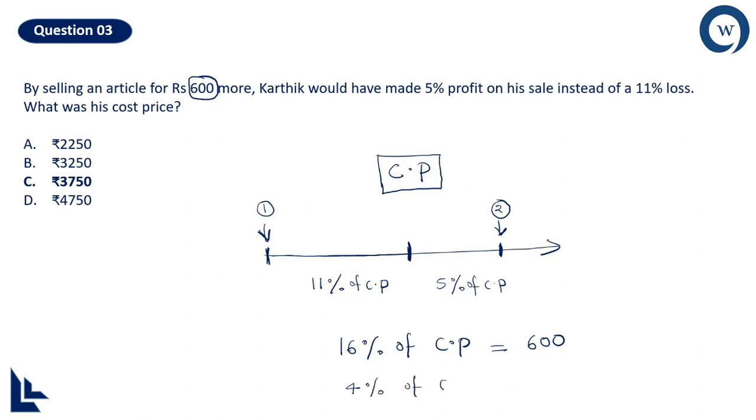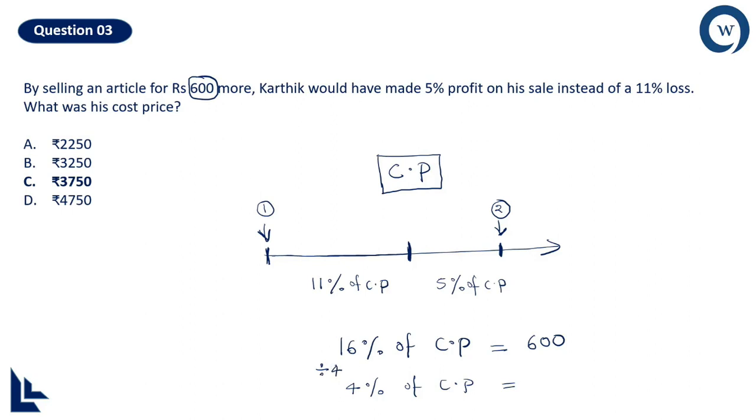See, there is a reason why I am taking 4% value right now, because 16 into something will not give me 100 at any cost, but 4 into something will give me 100 for sure. And that is the reason why I am converting this 16 into 4, because it is easier for me to do just by dividing this value by 4.